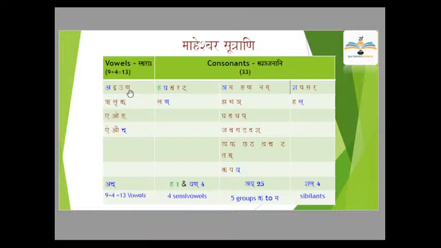So including the dirgha vowels of A, I, U, Ru, they are 4. Like, what is dirgha of A, I, U, Ru? So these 4 you just add to this 9. So 9 plus 4 will be 13 vowels. That's why we normally use 13 vowels in our Sanskrit language.